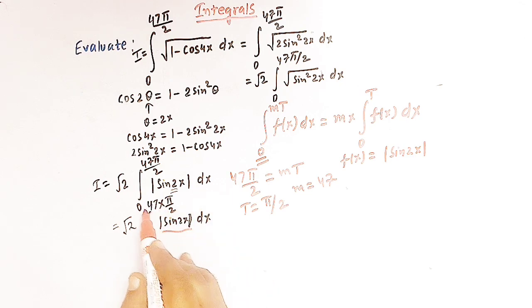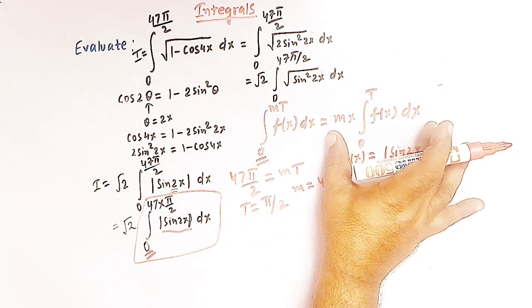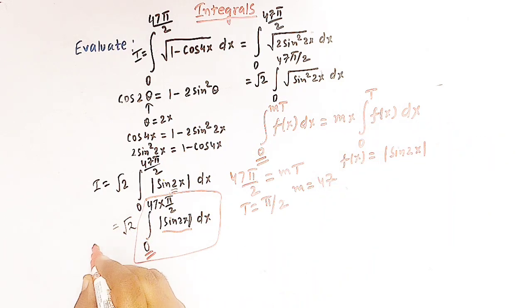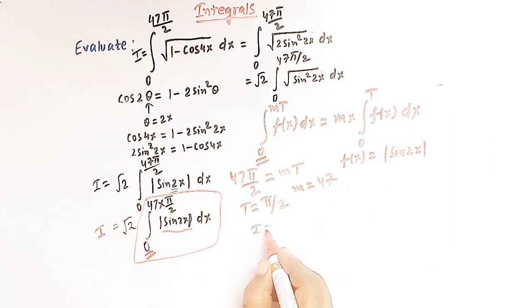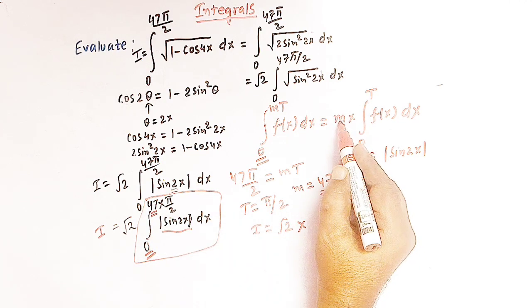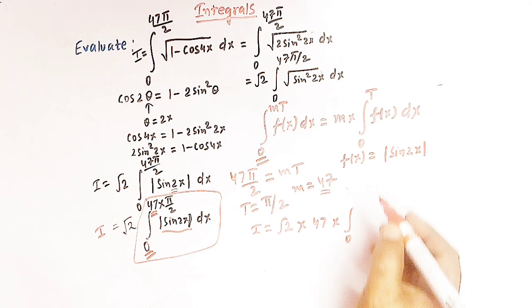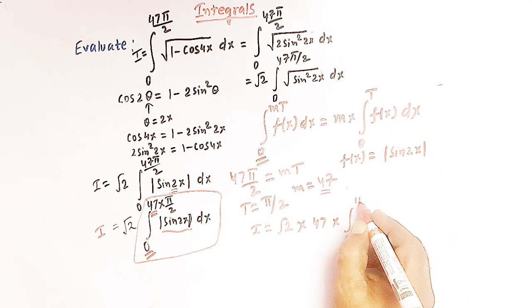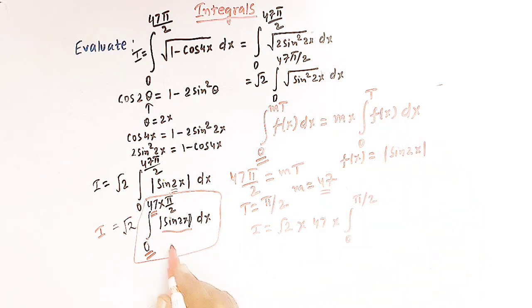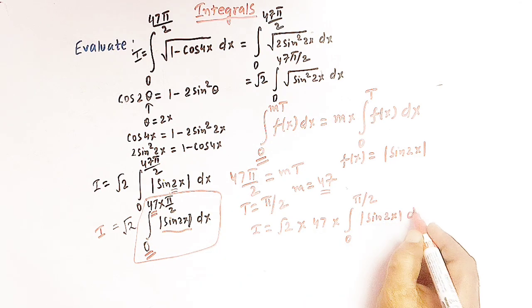Now the value of this integral is given by this expression. So the value of I is equal to square root of 2 times m, that is 47, times the integral from 0 to T, where T is pi by 2, and f of x is mod of sine 2x.